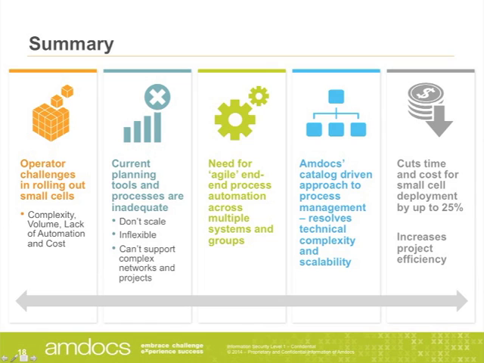So current planning tools and processes, we've been told, are inadequate. Real Wireless ran some market research recently and asked 60 operators whether they felt that their current tools and processes were inadequate for rolling out small cells, and more than 50% said that in fact they felt that they needed to upgrade their tools and processes in order to be able to manage rolling out small cells.